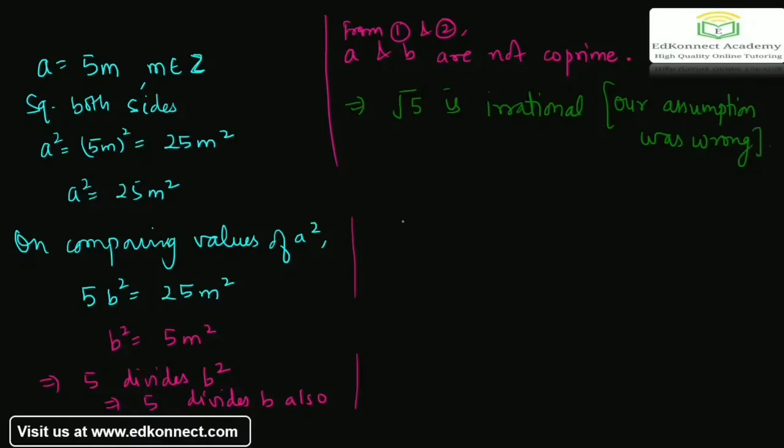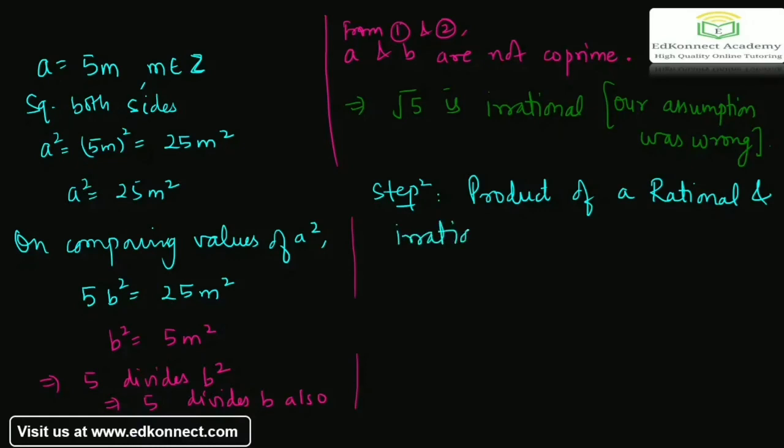Now for step 2, since we know that the product of a rational and irrational number is also irrational, we have stated this in the previous slides.